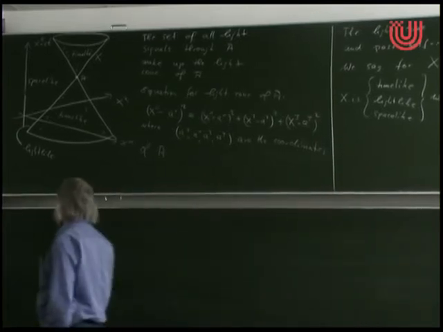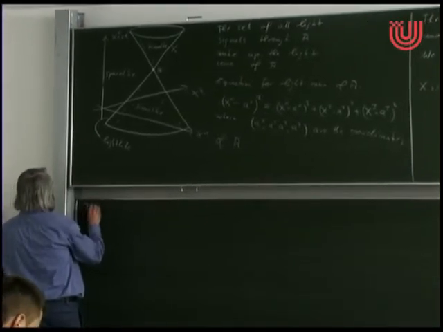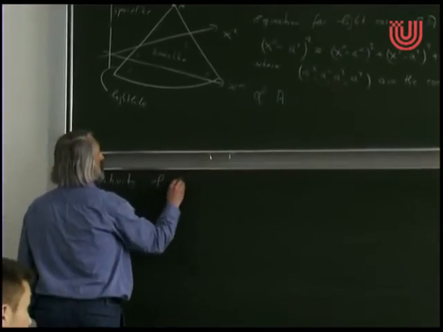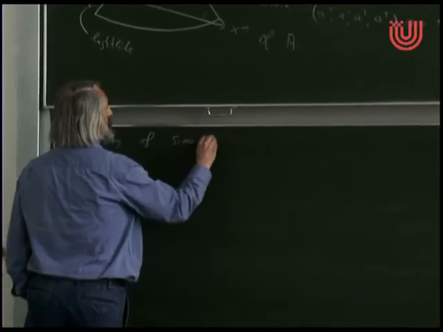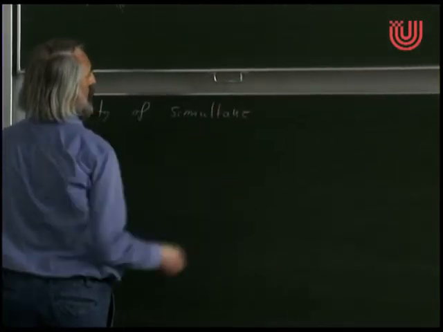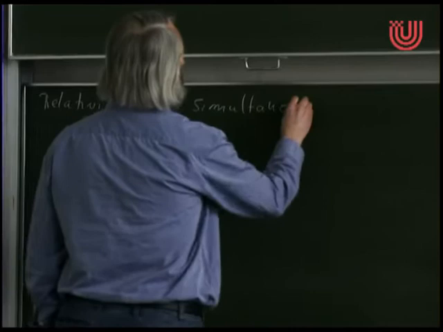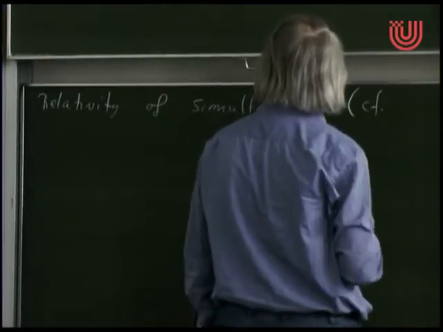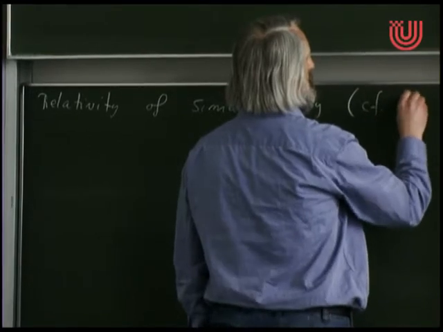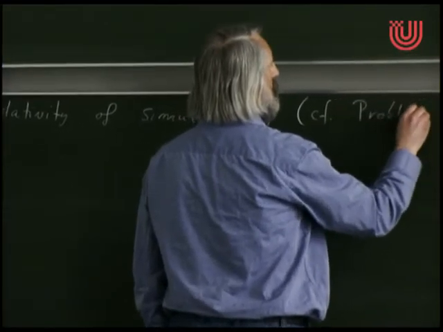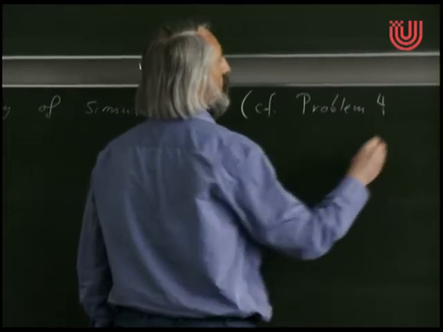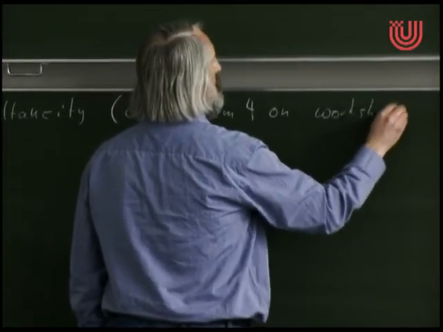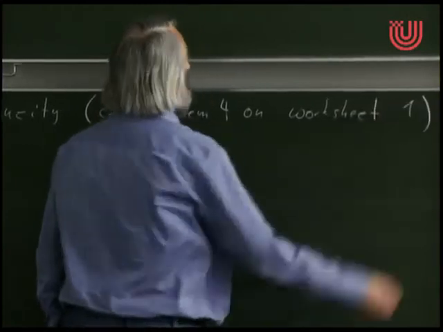So let me talk about the relativity of simultaneity. Difficult word, simultaneity. And that's something we have already touched upon yesterday. Confer problem, I think was the last one, number 4, on worksheet 1.